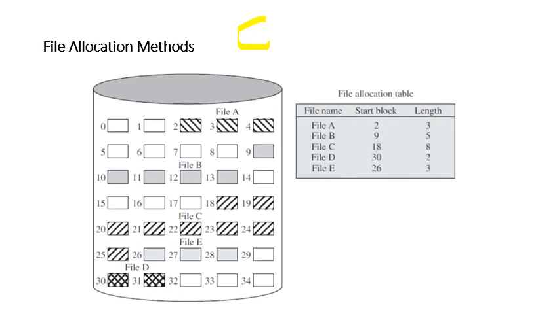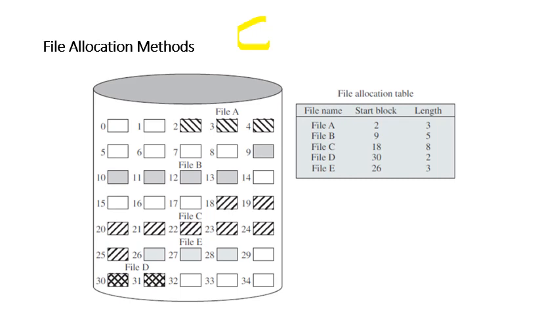In the directory, here we have three files. In the file allocation table there is a file name, start block, and length. So in the table we can see that for each file we allocate contiguous blocks. I want to represent this with the highlighter. Where is file A?